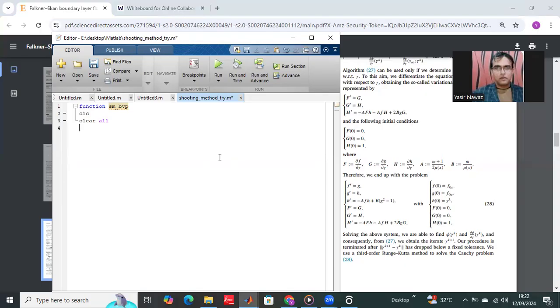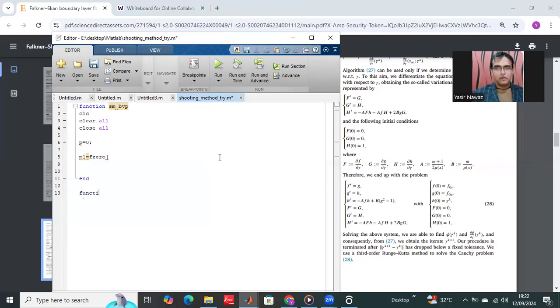I assume that the unknown parameter is P, and I assume its initial guess as 0. Then I will use the solver fsolve. fsolve is a MATLAB solver that solves equations. So here I will solve some function, and that function will be constructed in this way.